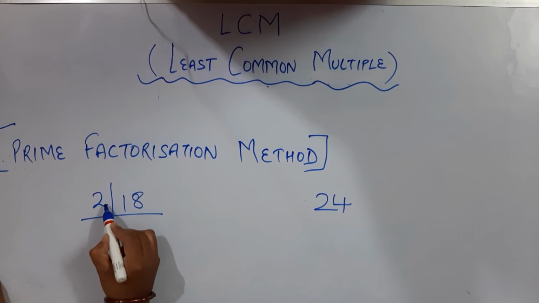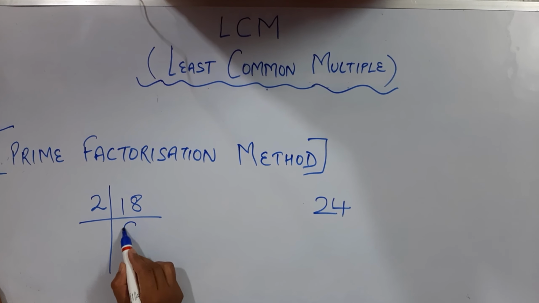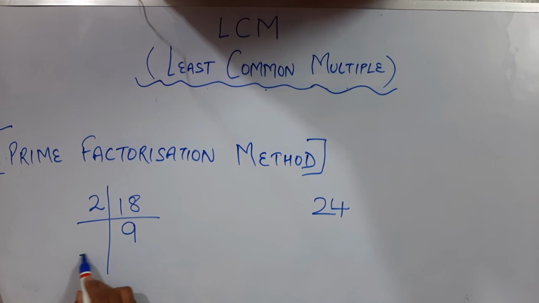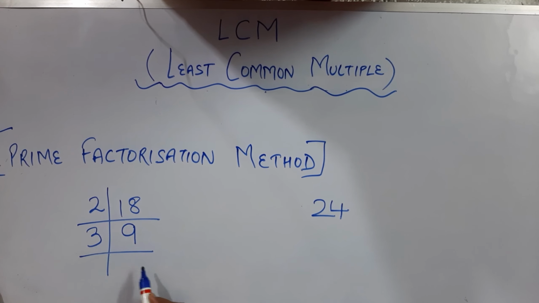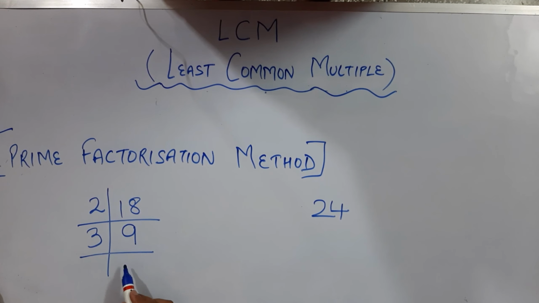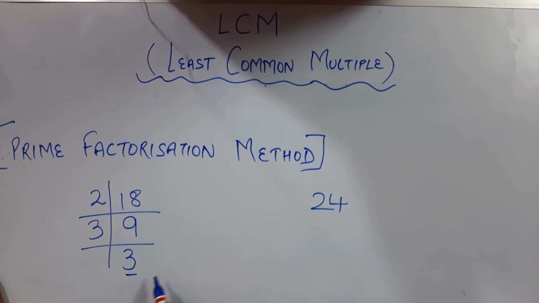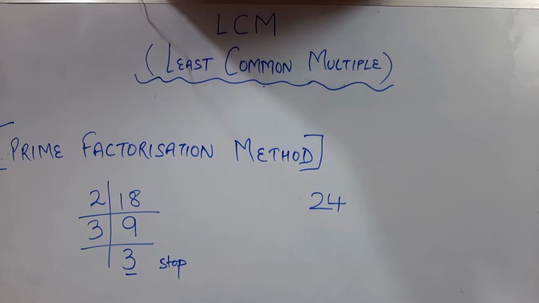So I'll write down 2. Where does it come in the table of 2? 2 9s are 18. So I'll write down here 9. Then 9 comes in the table of 3. Where does it come? 3 3s are 9. So I'll write down here answer 3. Now 3 is a prime number. So I'll stop here. I'll not go further.